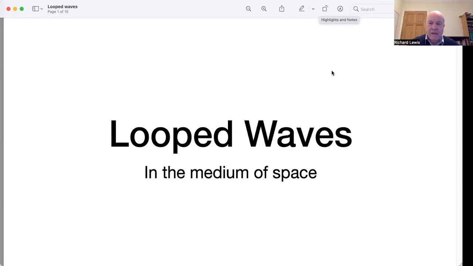This talk is about looped waves in the medium of space. Now, thinking of space as a medium arises when we realize that as a result of the LIGO experiment, we have to think of light as a wave in the medium of space.